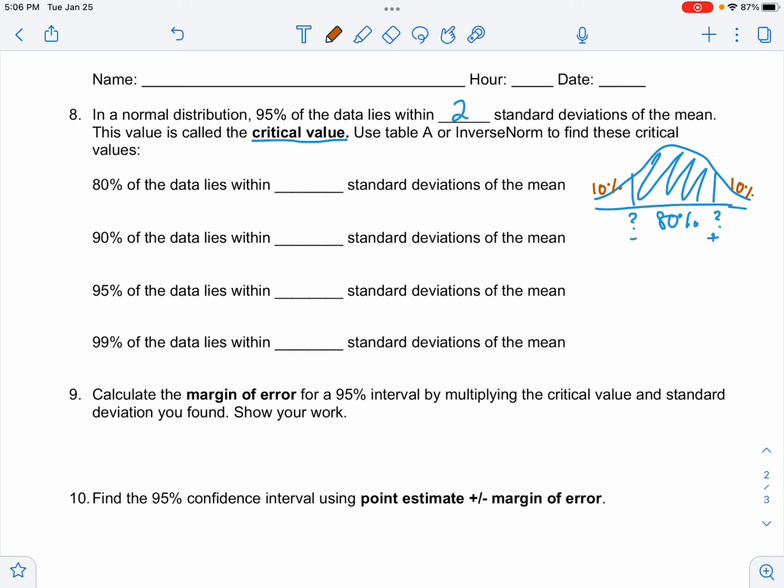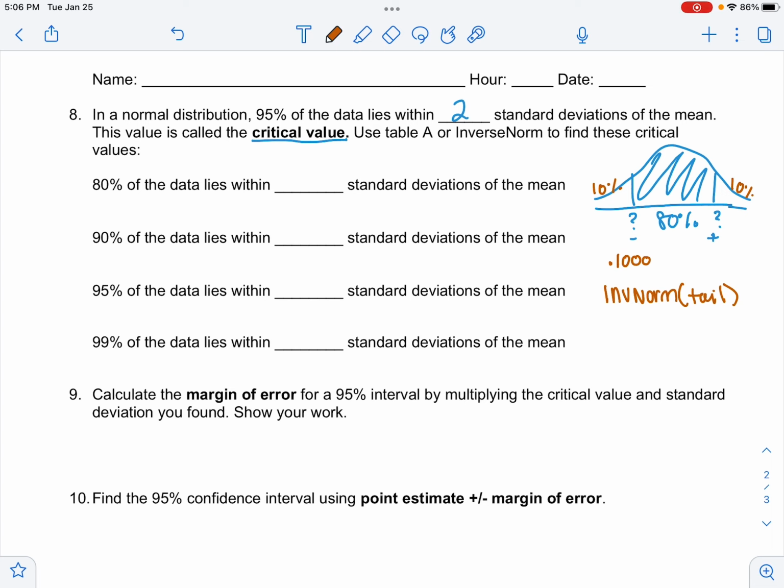How could that then help you to find the z-score for that value? Well, I'm just thinking if we go look for 0.1000 on our z-table, we can work backwards and find the z-score. Of course, you could also do inverse norm on your calculator and just put in whatever your tail value is.